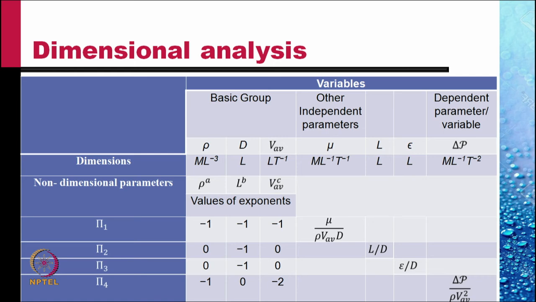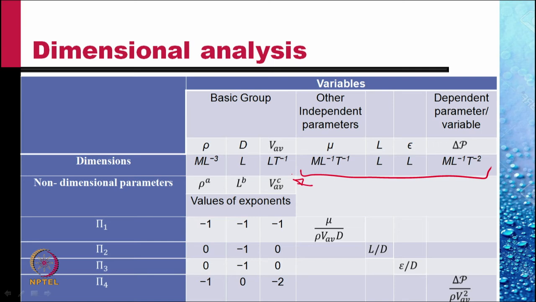We write the dimensions of all these parameters. So then we form groups with the other parameters and variables. We take one of these and multiply them by rho raised to power A, d raised to power B, and V average raised to power C. And then determine the values A, B, and C, which will make this non-dimensional.